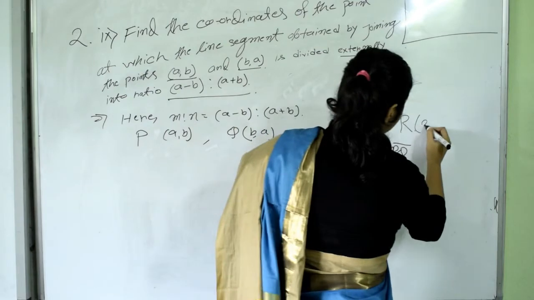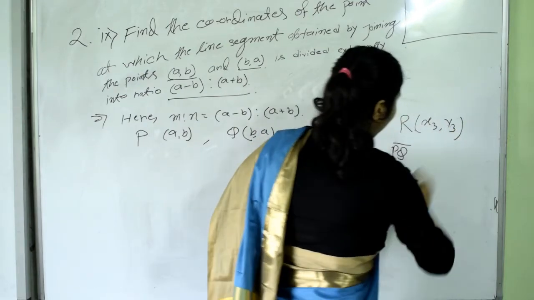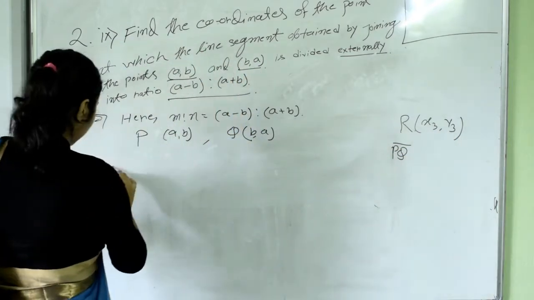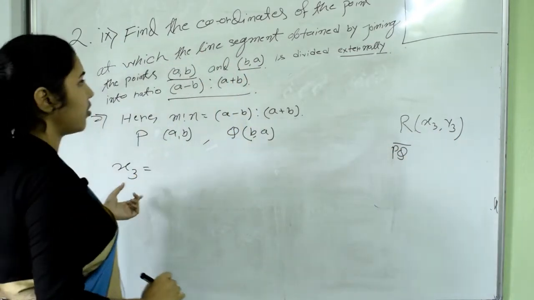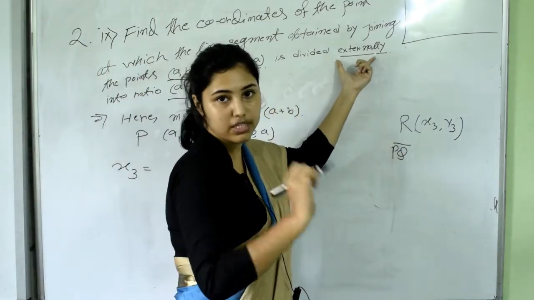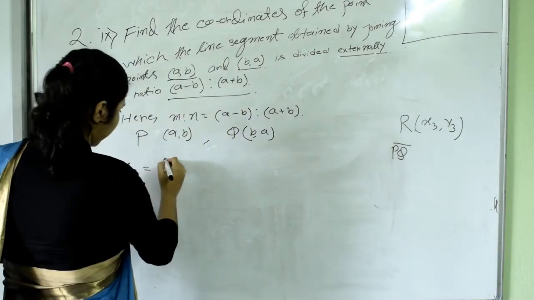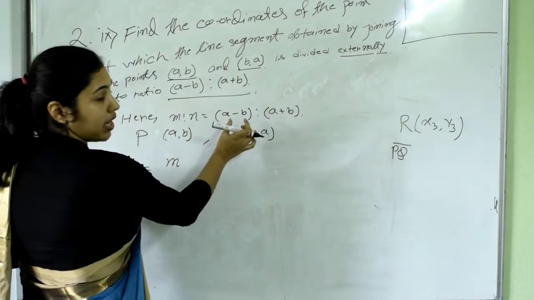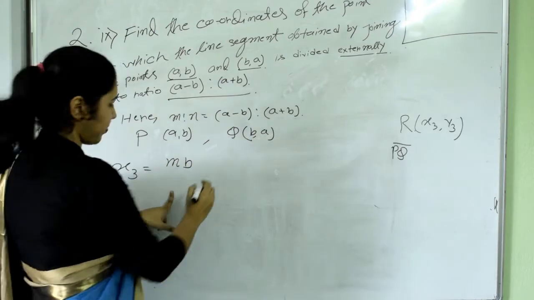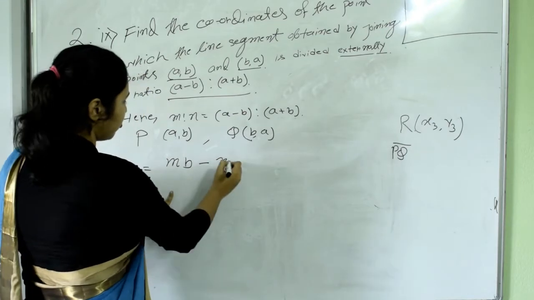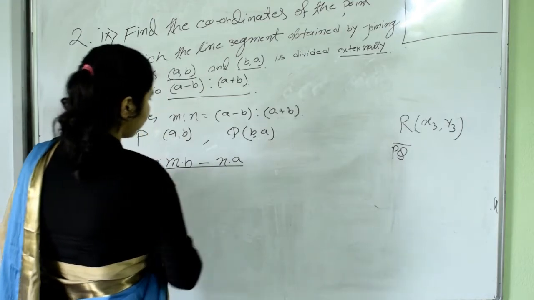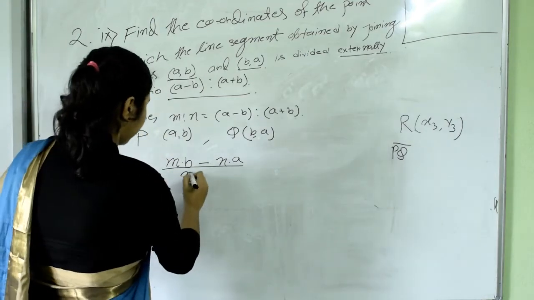Now suppose the coordinates of the point R are x3 and y3. Okay? Then we know that x3, in case R divides the line segment PQ externally, the formula will be m into x2, which is b, minus n into x1, which is a, by m minus n.